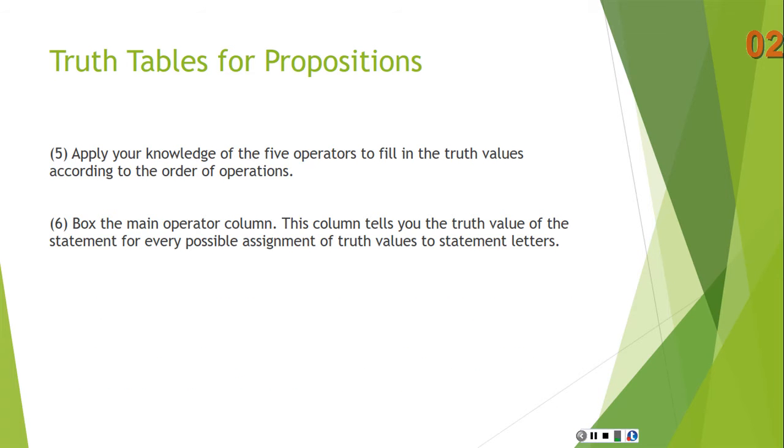Then apply your knowledge of the 5 operators, namely the truth table definitions for the 5 operators, to fill in the truth values according to the order of operations. Six, box the main operator column. This column tells you the truth value of the statement for every possible assignment of truth values to statement letters.